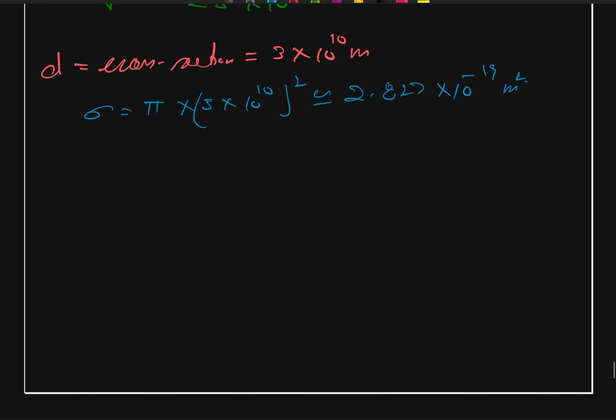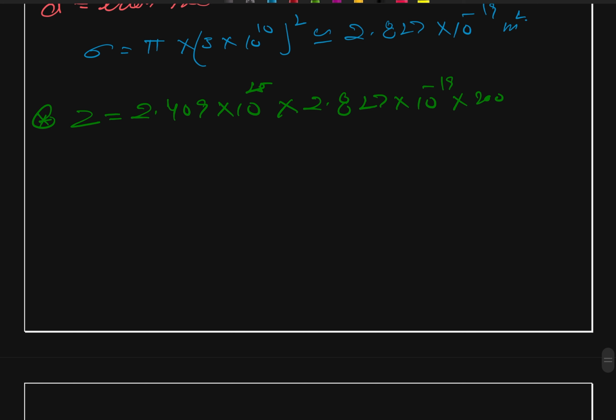Therefore we can say our collision rate, that is Z, is equal to 2.409 into 10 to the power 25 multiplied by 2.827 into 10 to the power minus 19 multiplied by 200.